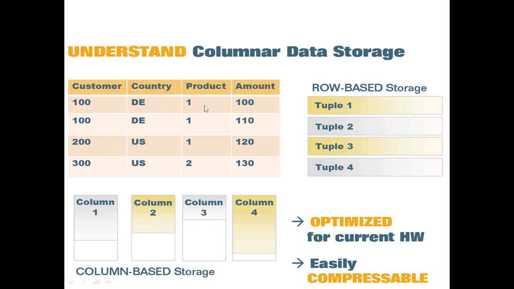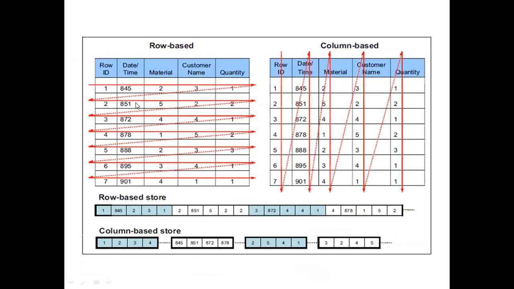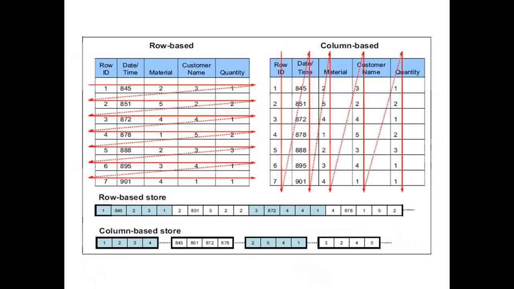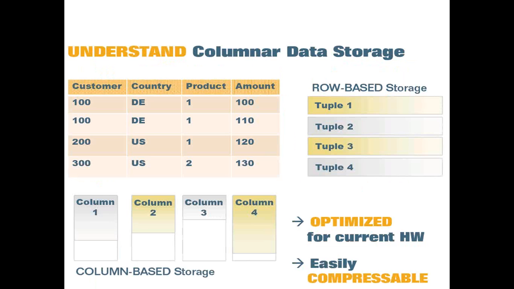So here, if you look at it, each row is called a tuple, okay? And let's say a query is fired saying what is the amount that is spent by customer 300. So what you've got to do is read from the left. You come here, you see customer 100.